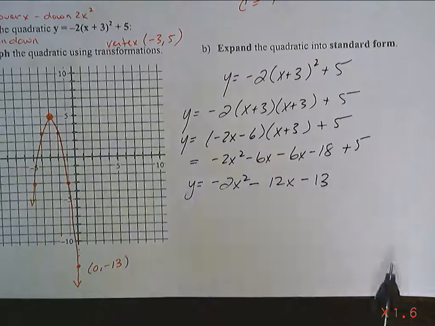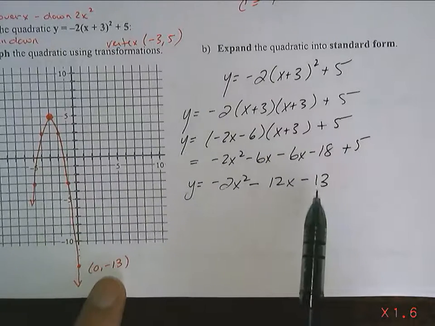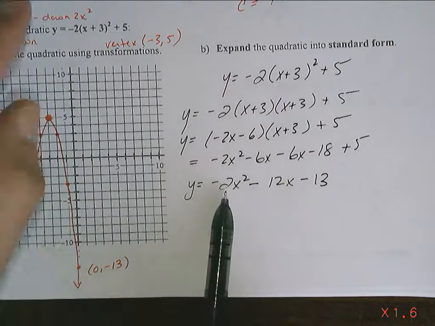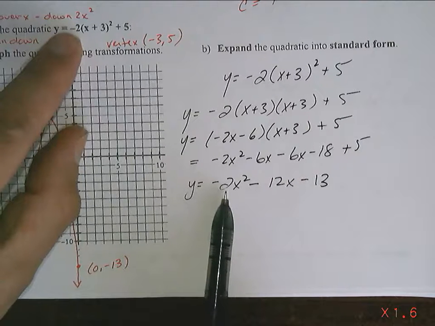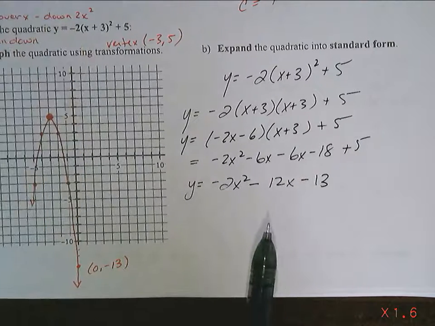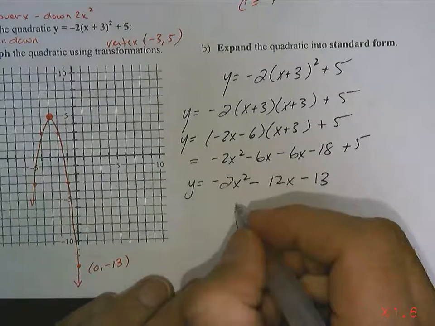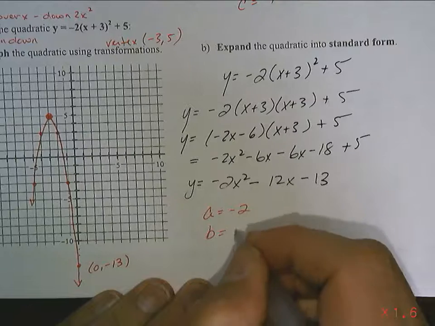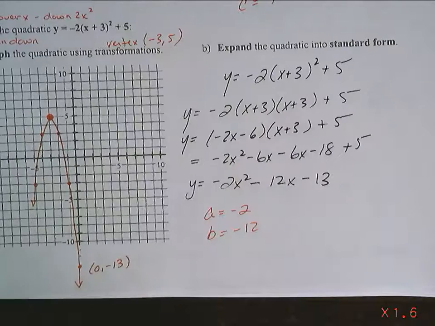Do you see something interesting? That 13 has shown up again, that negative 13. They share the same a value, don't they? So there are some things that are similar here. The a value stays the same for both of them. The b, not really sure what that negative 12 is.